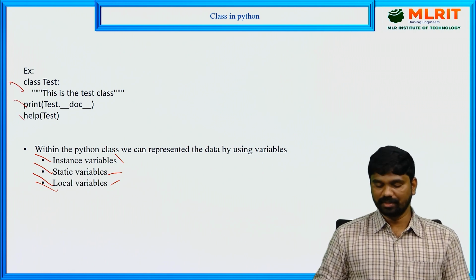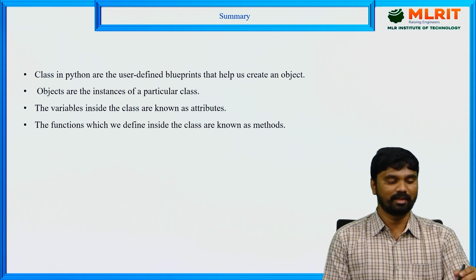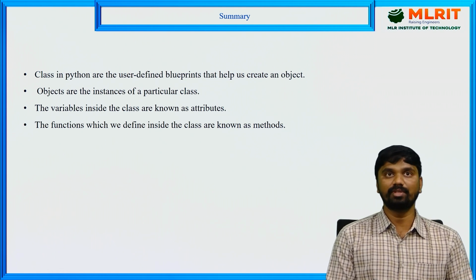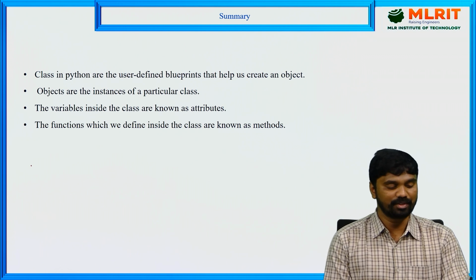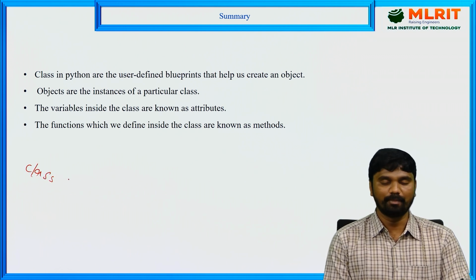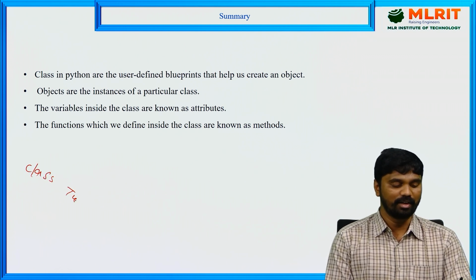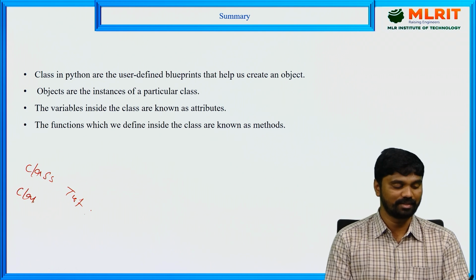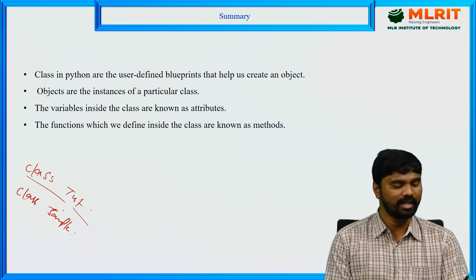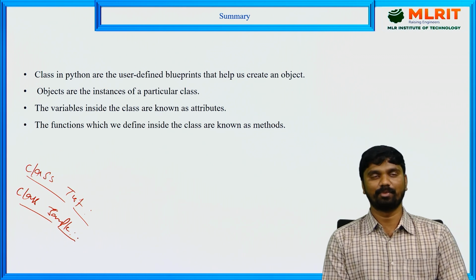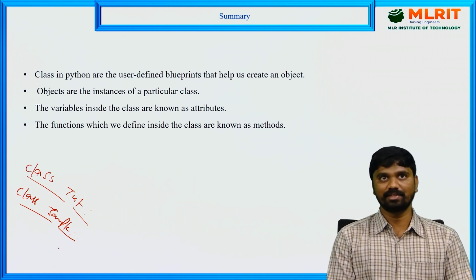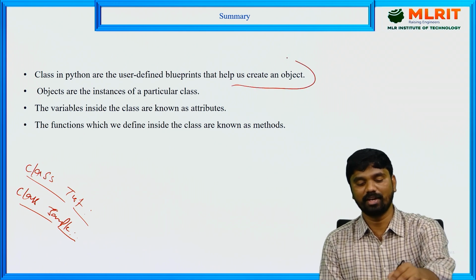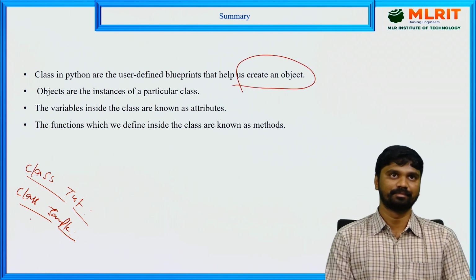Next, a class in Python is a user defined blueprint. Why do we say user defined blueprint? Because by using the class keyword, the programmer can create many different classes, for example Sample, any number of classes, and these classes help us create objects.